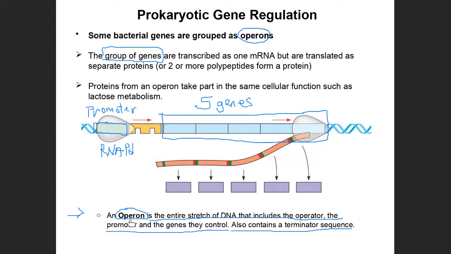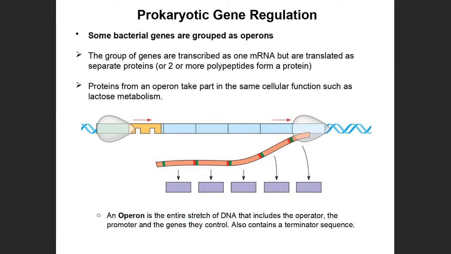Now, the purpose of the operon in prokaryotes such as the bacterium E. coli, well, it had to do with this. The genes that you find grouped together, those genes will code for 2 or more proteins that all take part or perform the same cellular function, such as the metabolism of lactose.